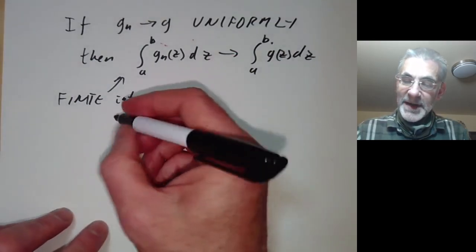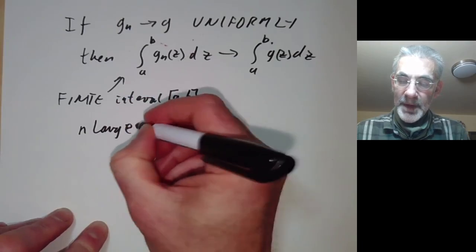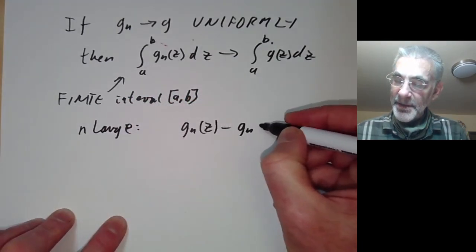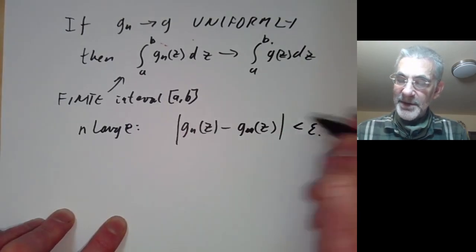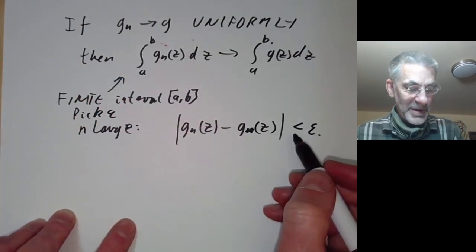And that's very easy, because for n sufficiently large, we have |Gn(z) minus G(z)| less than epsilon. So what we're going to do is to pick some epsilon, and then for n sufficiently large, this will hold.